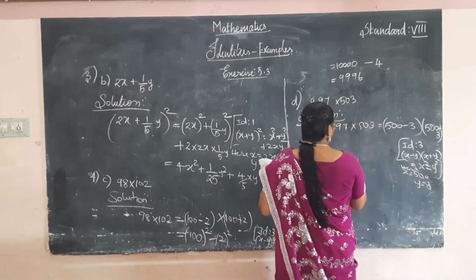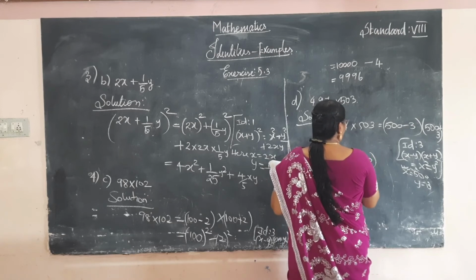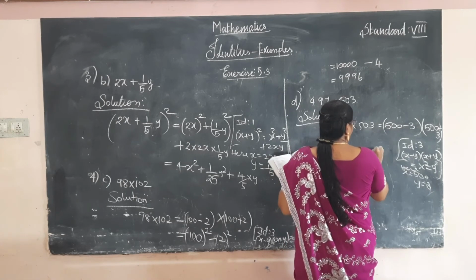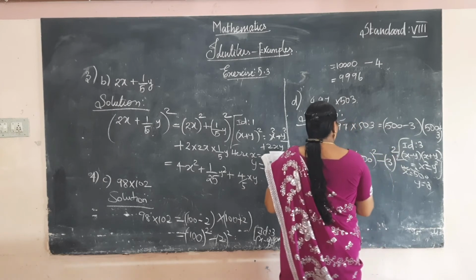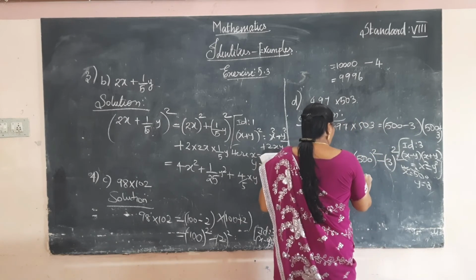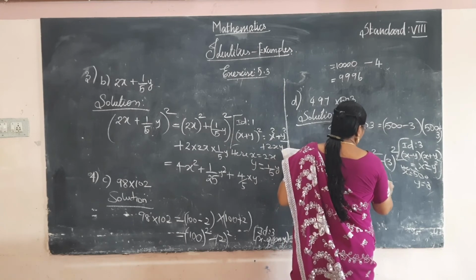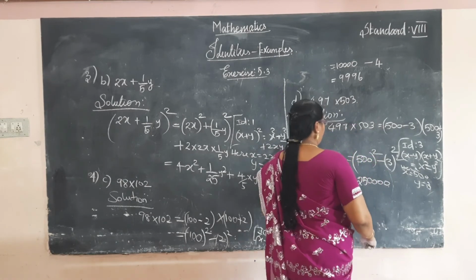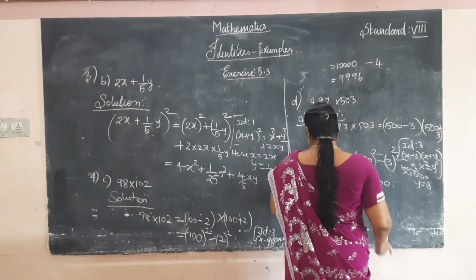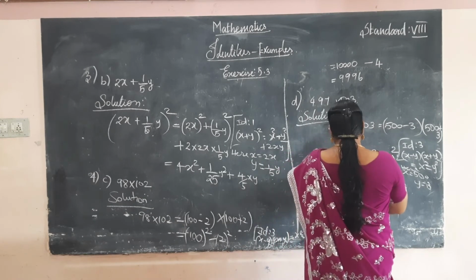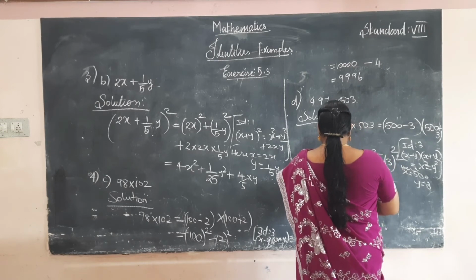Now substitute the formula: 500 square minus y value, 3 the whole square. So 5 square is 25, and 2 zeros squared we get 4 zeros.